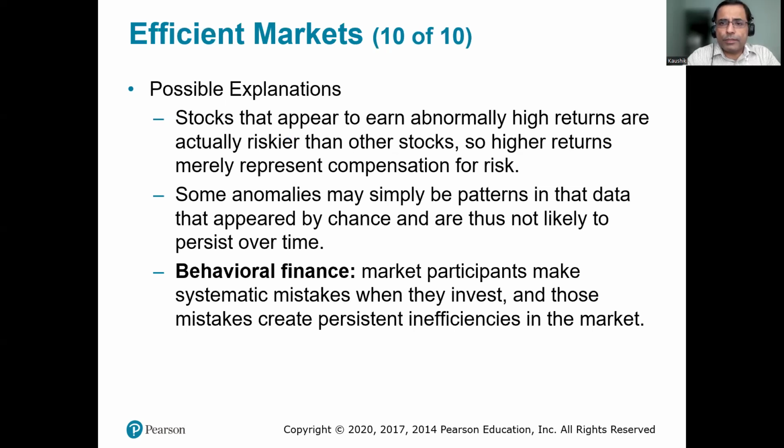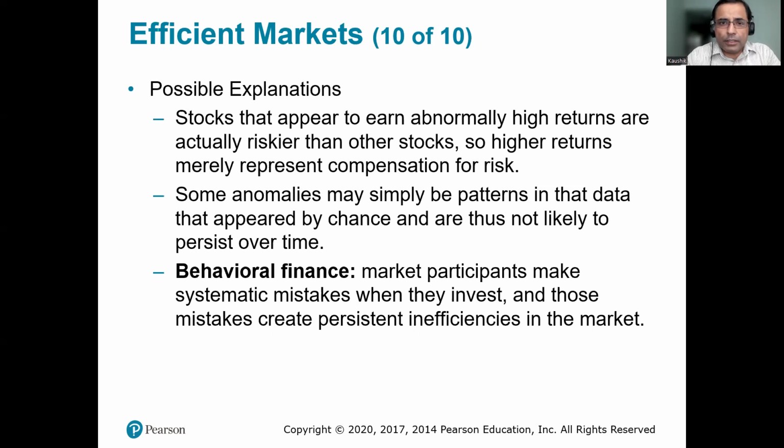So what could be the possible explanation for such anomalies? One reason could be that the stocks are actually riskier, so they demand high returns for the actual higher risk. Then some of the anomalies may just happen by chance and they are not likely to persist over time.